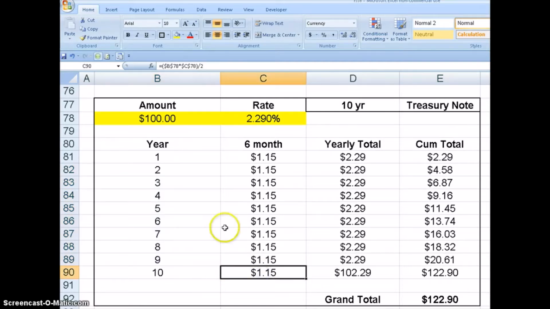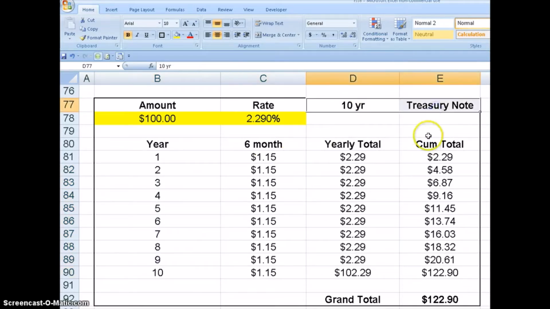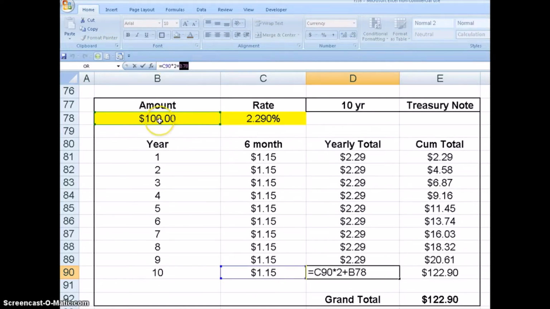Now on the 10th year, remember this is a 10-year Treasury note. So on the 10th year, what happens is you get your $2.29, but it's kind of the end of your investment, so to speak. You also get your original principal back. The $100 you invested, you get that back.